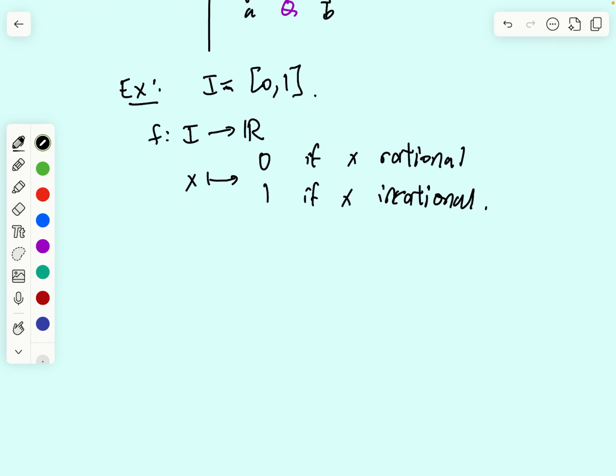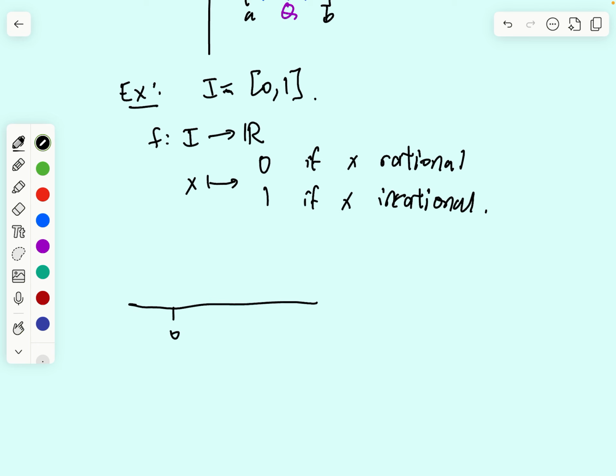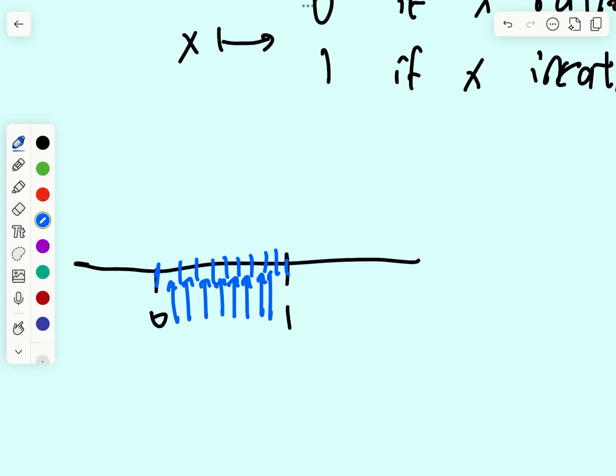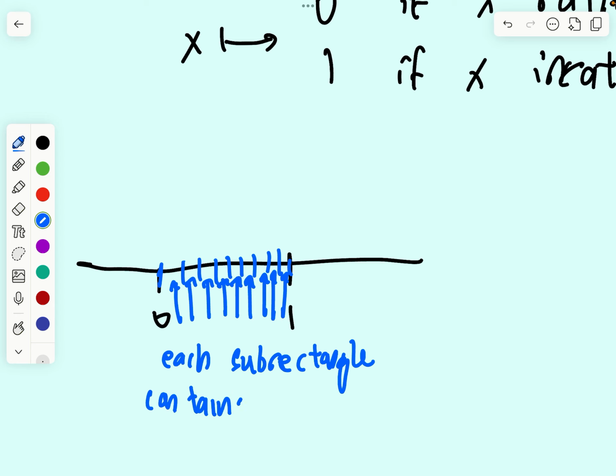Well, here's this interval from 0 to 1. When you take any partition of this interval, and you take the smallest value of f on each subrectangle, each of these subrectangles contains both rational and irrational numbers.